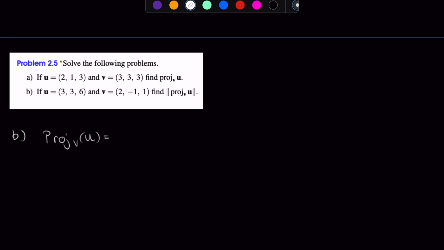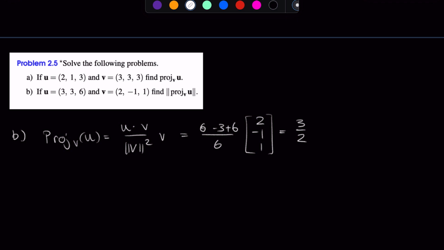Right? 6 plus 6 minus 3 is equal to 9. So 9 over 6 is 3 over 2 times vector v, which is 2, negative 1, 1.